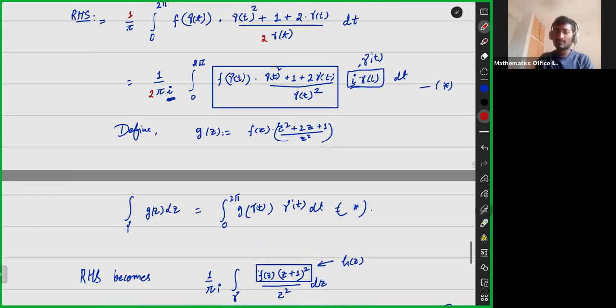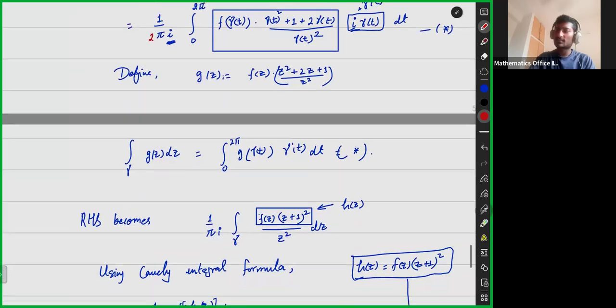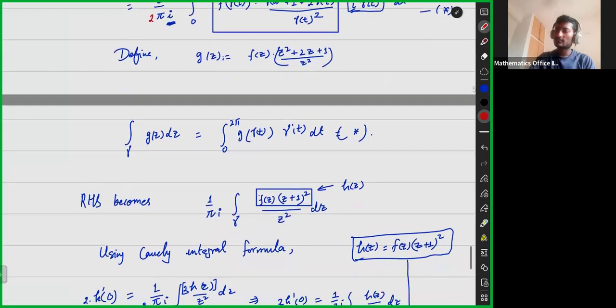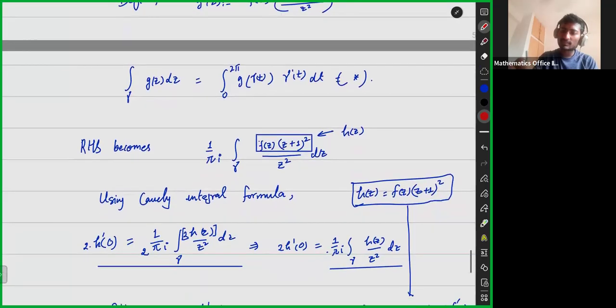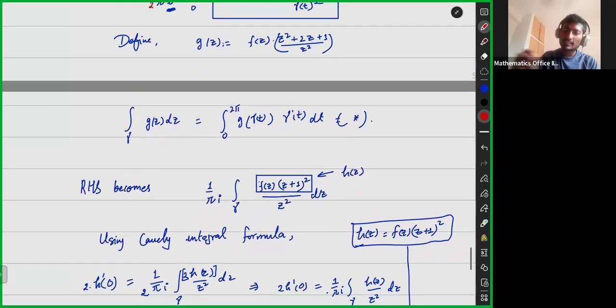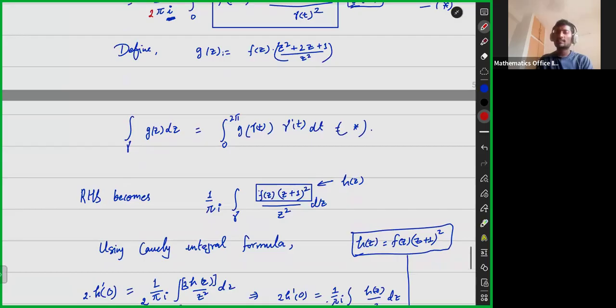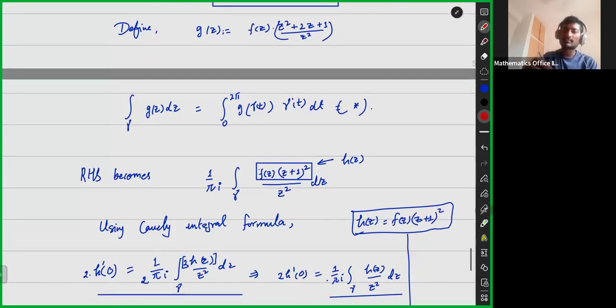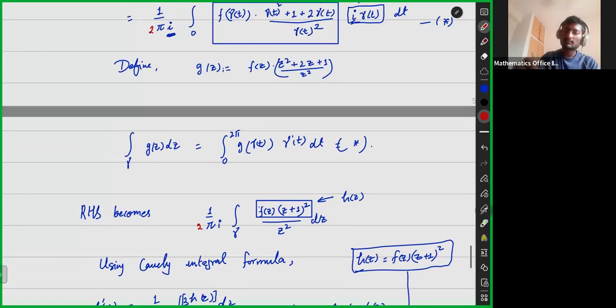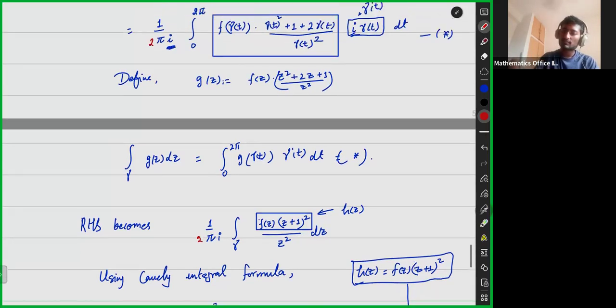Now we are going to use Cauchy integral formula. So let's correct it. h prime at 0 is, this is the Cauchy integral formula. This bracket. Okay.